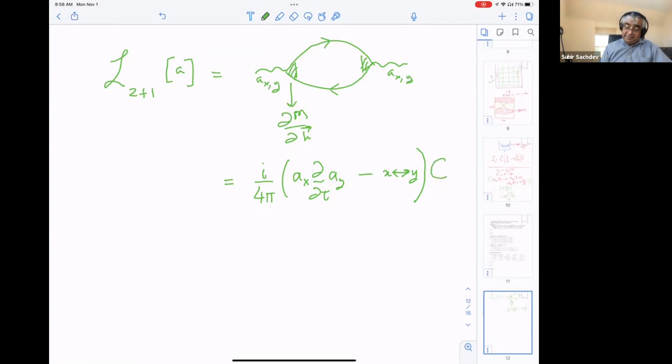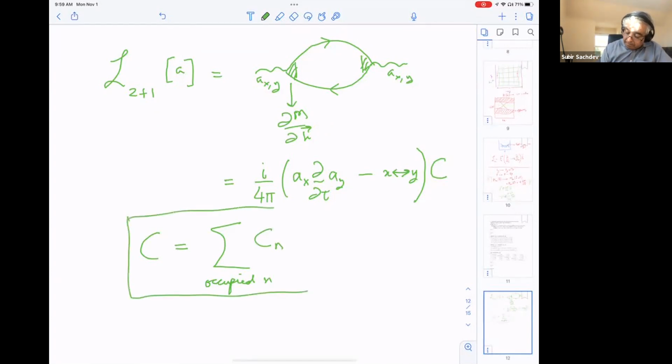It turns out to be a number, and what is that number? Very beautifully, this is what Thouless et al. showed. It's the sum over the occupied n of C_n.